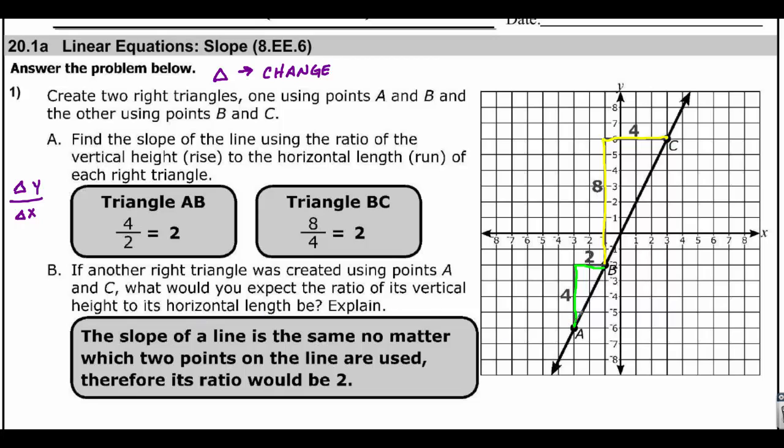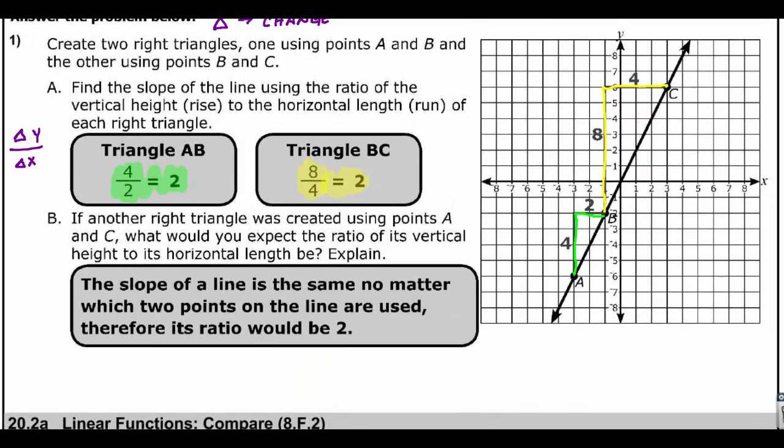So for the right triangle with AB, it's a change of 4 to 2. That's this one, 4 to 2. Triangle B to C is a change of 8 to 4. Notice both those changes end up equaling 2.